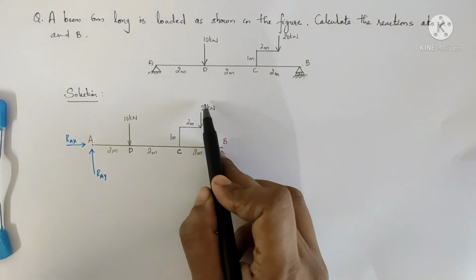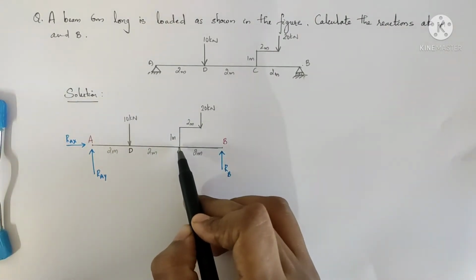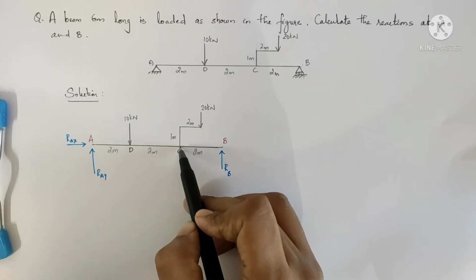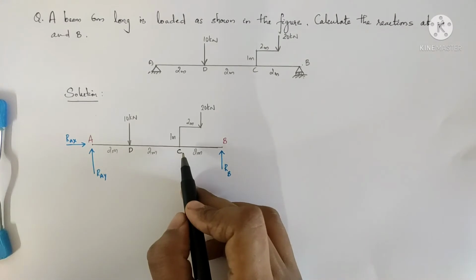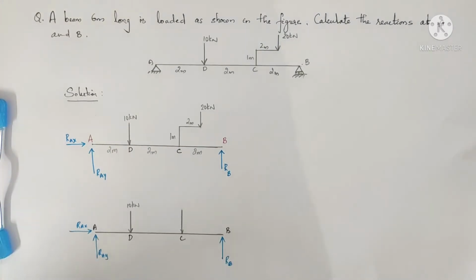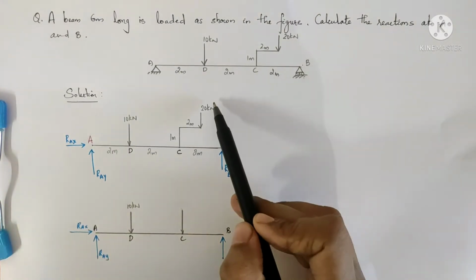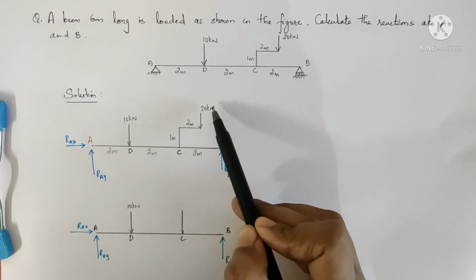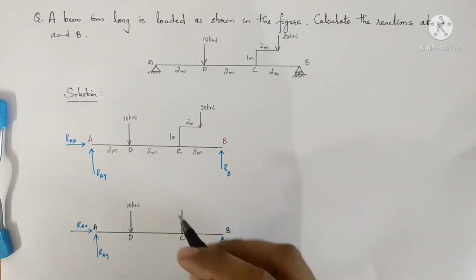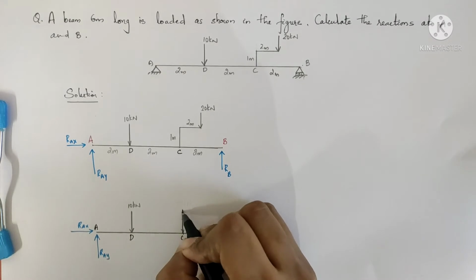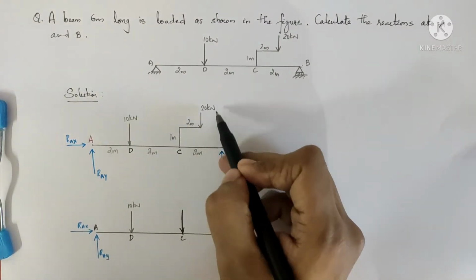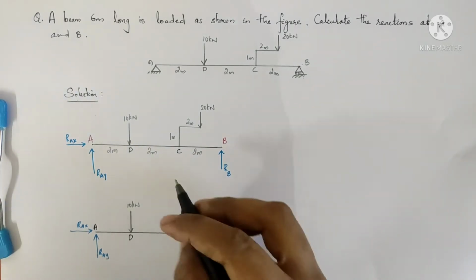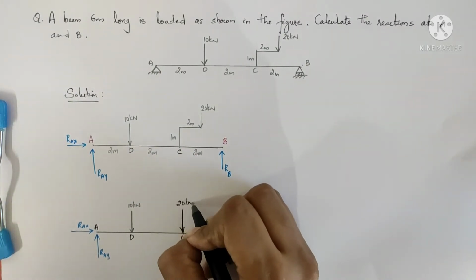For that we convert it into force plus moment at point C. We first draw a force 20 kilonewton, a force downwards, same as this 20 kilonewton, and mark it at point C.